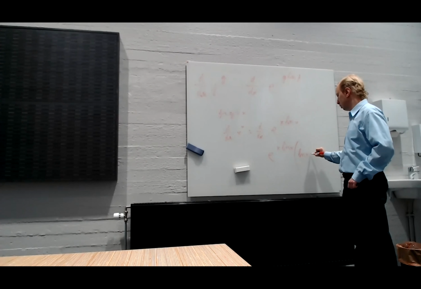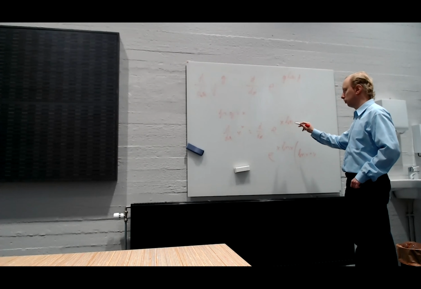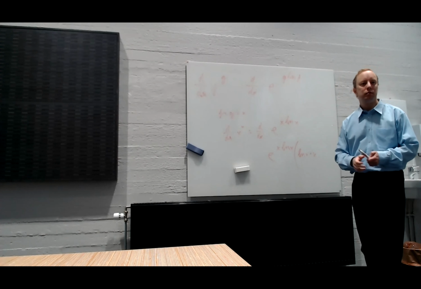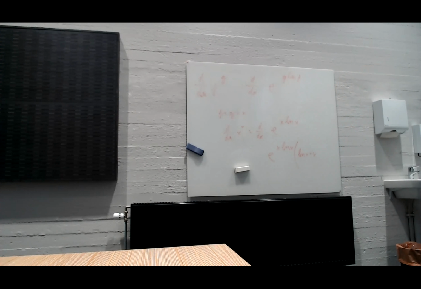plus x, and then the derivative of ln x, which was, in memory, did we have it on the material? 1 over x. Okay.